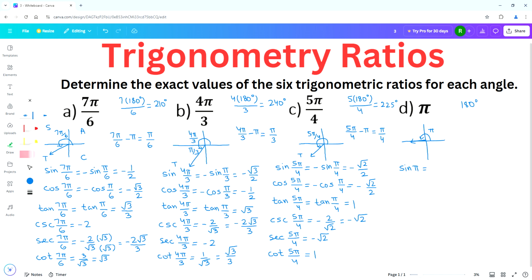Sine of pi is equal to 0. Cos of pi is equal to -1. Tan pi is equal to 0.